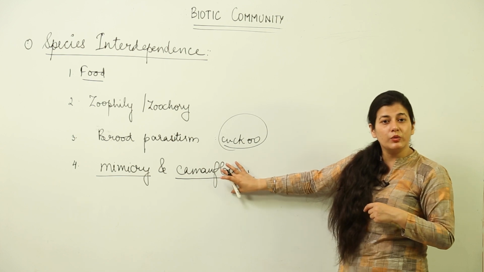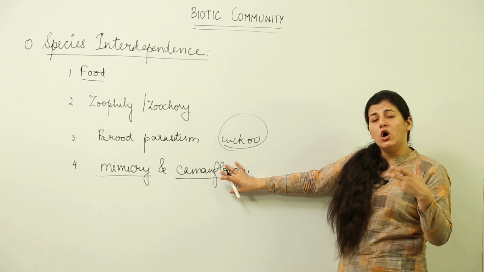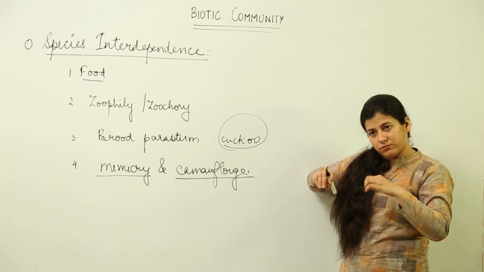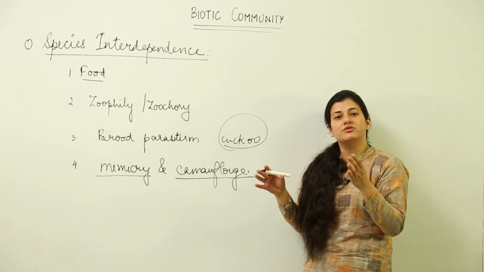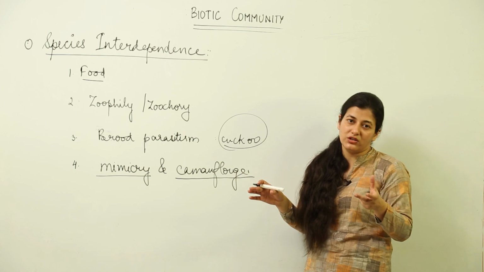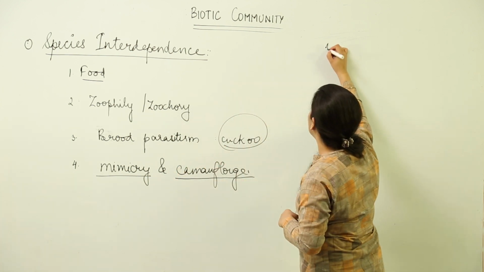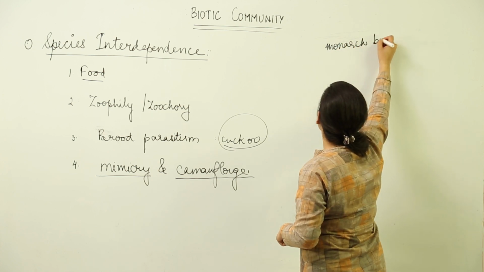Camouflage is a condition where the organism depends on its surroundings. It takes on an external look in such a way that you are not able to distinguish between the surroundings and the organism. In the case of mimicry, we have the example of the monarch butterfly and the viceroy butterfly that I told you.